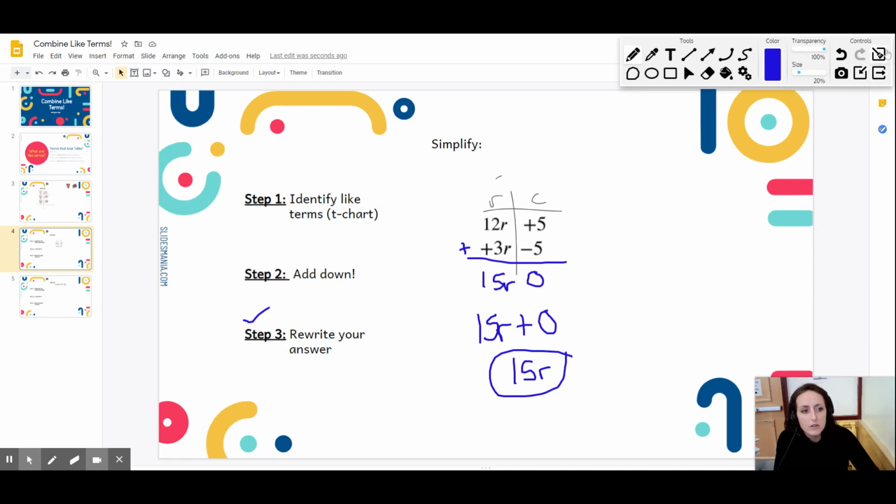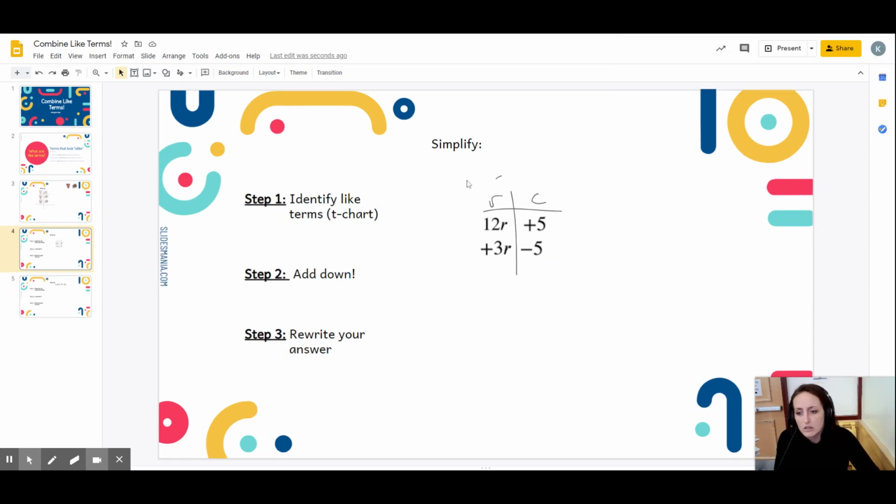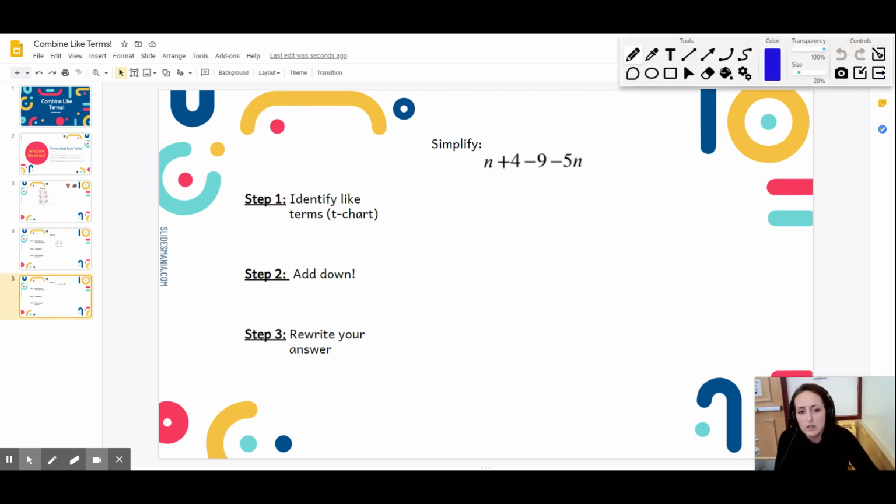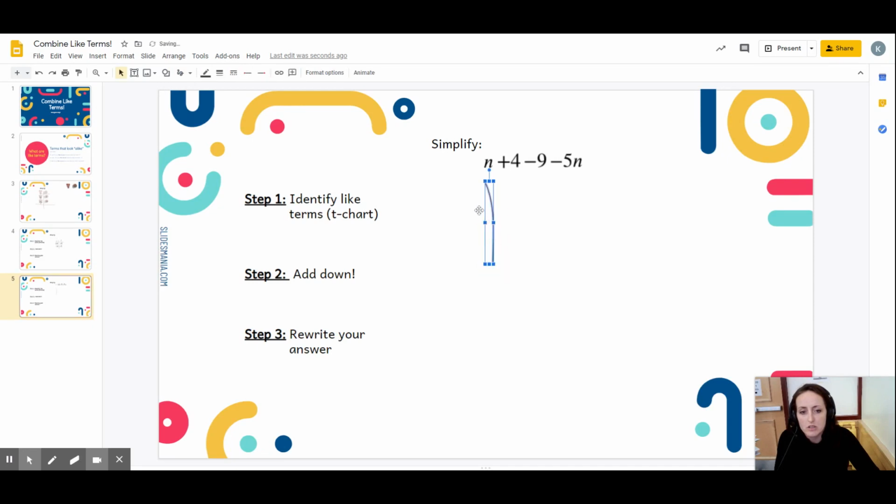Next, we are going to do another example where we have simplify n plus 4 minus 9 minus 5n. Step 1, set up our cheat chart. All right.